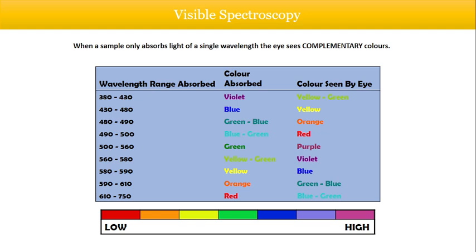Now there are different wavelength ranges, the color absorbed, and the color which is being seen by our eye. We need to keep in mind that the light which is being absorbed is not the light which is being seen by our eye.